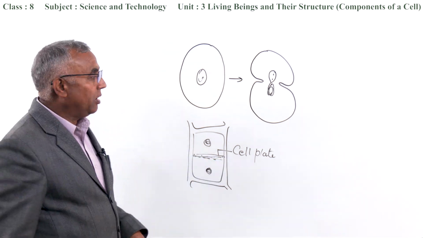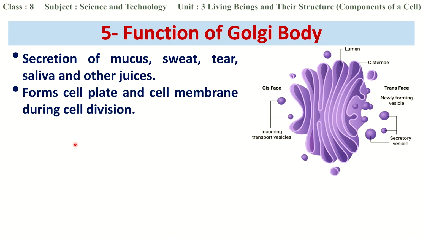So you have understood the cell plate. The cell plate is a lining in between two nuclei during the formation of new cells. That process is called cell division. Now I think you are familiar with the term cell division.